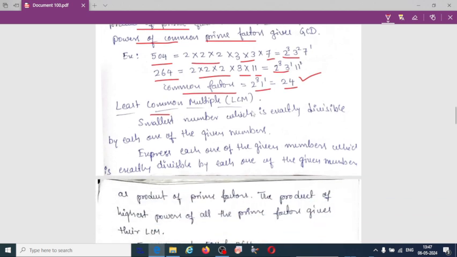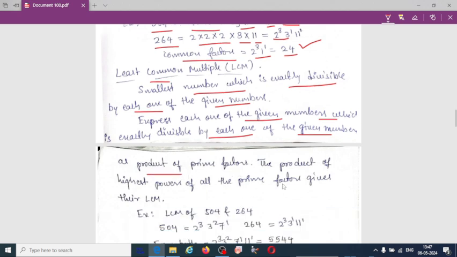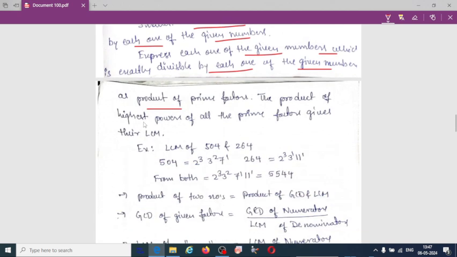Least common multiple: the smallest number which is exactly divisible by each one of the given numbers. Express each one of the given numbers as a product of prime factors, and here you should note down the product of the highest power of all the prime factors, which gives the LCM.